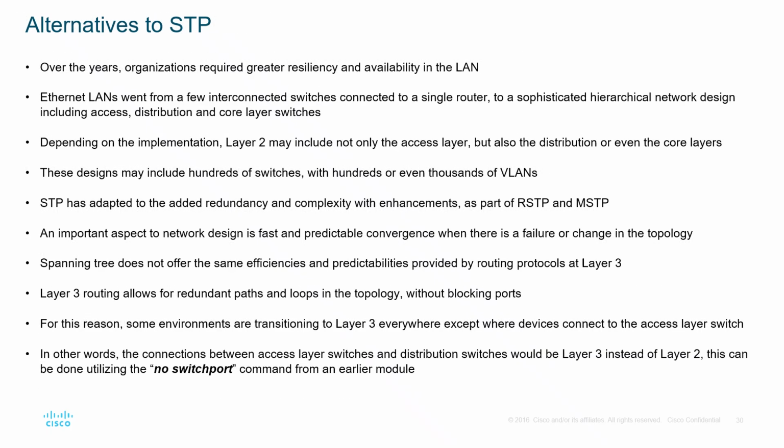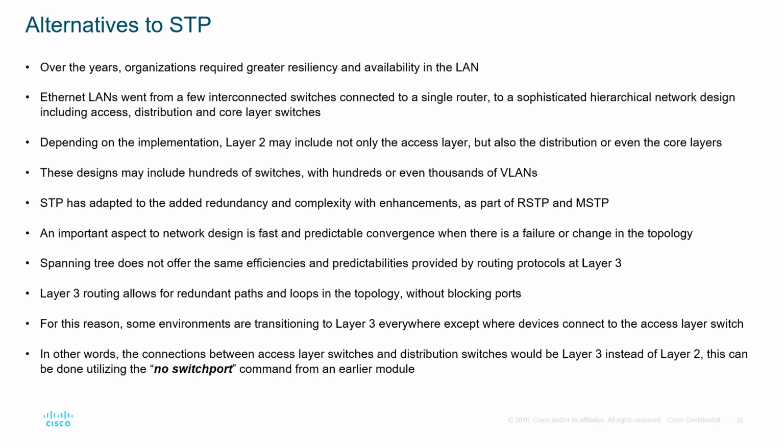Over the years, organizations required greater resiliency and availability in their LANs. Ethernet LANs went from a few interconnected switches connected to a single router to a very sophisticated hierarchical network design, including access, distribution, and core layers.